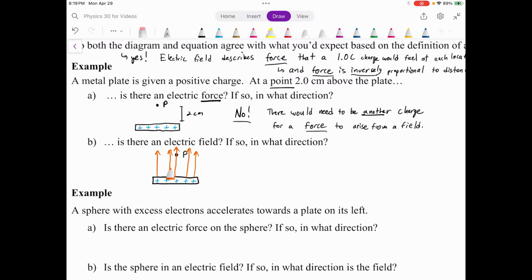We ask ourselves, in what direction would a positive test charge feel a force if placed here? Well, if placed at the point P, a positive charge would feel repelled by this positive plate. So a positive test charge placed at the location P would feel a force upwards, away from this plate, towards the top of the page.